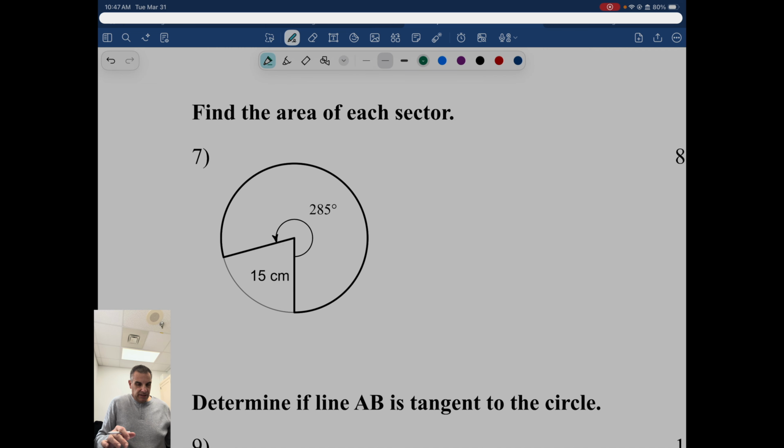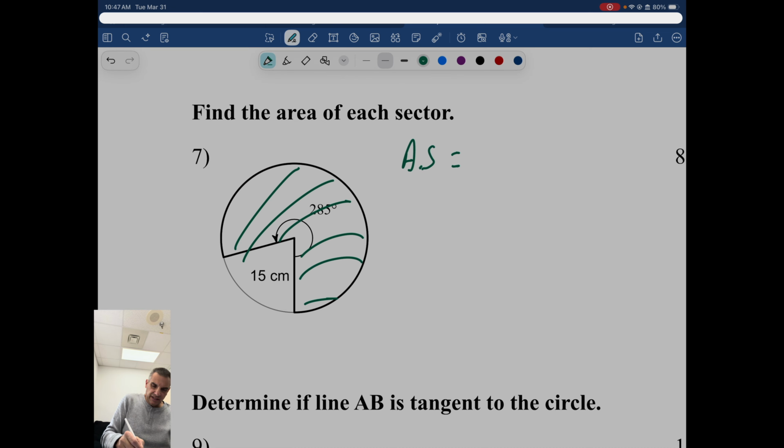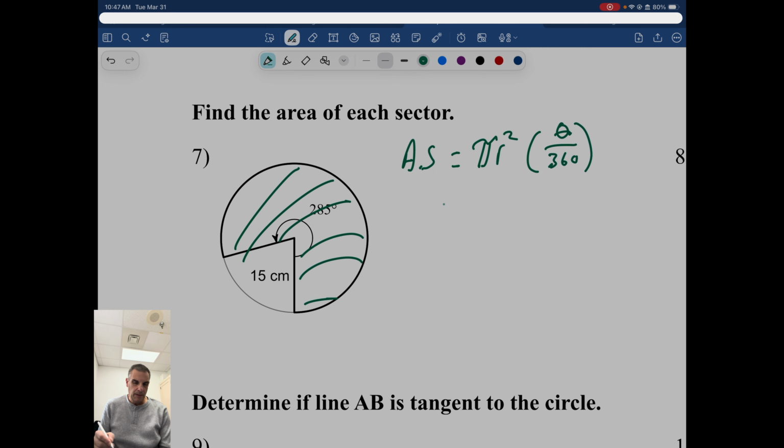Number 7, now it's telling us to find the area of the sector. So we want to find the area really of this part of the circle. So the area of a sector is equal to the area of a circle, which is pi r squared, times the percentage of the circle that you're using over 360. So in this case, our radius is 15.